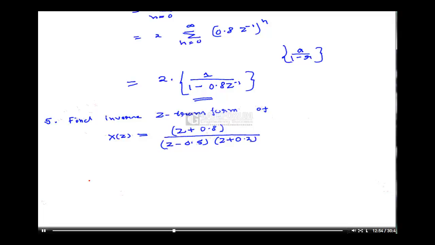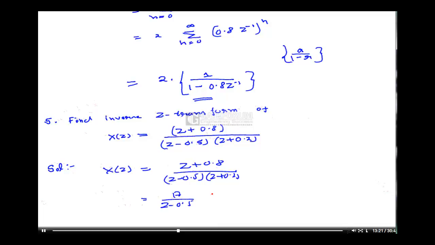Okay. Now solution for this. First of all, we have to carry out the partial fraction of this: (z + 0.8) upon (z - 0.5)(z + 0.2). I can write this as a upon (z - 0.5) plus b upon (z + 0.2) equal to X(z).